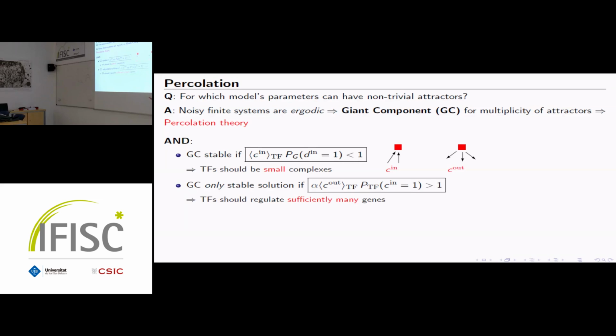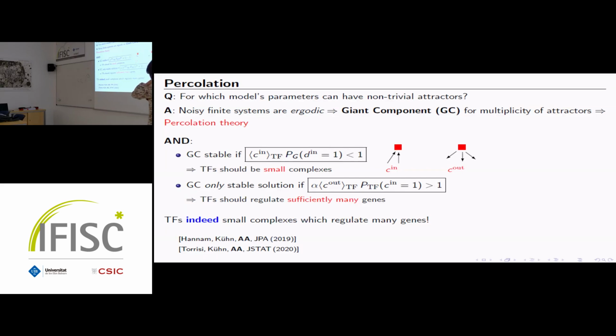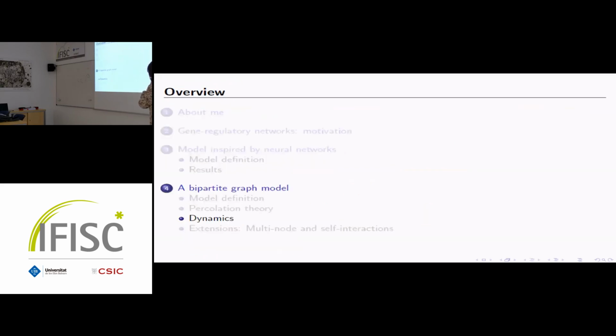So a transcription factor should regulate sufficiently many genes. Talking to colleagues in biology, they said that it is indeed close to biological understanding that transcription factors should be relatively small complexes which regulate many genes. So this was a nice picture of this model. And then after this, we solved the dynamics of this model.